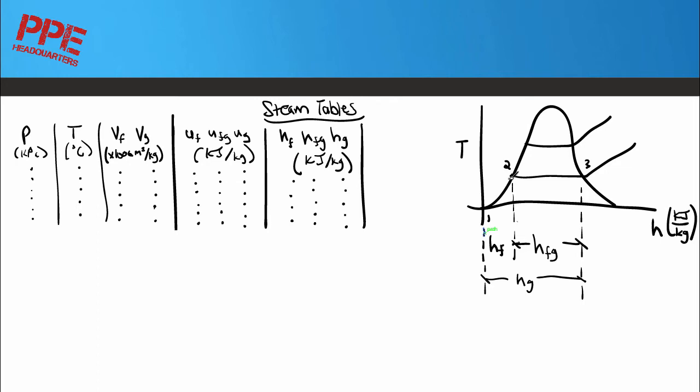That means it's sensible because as we pour more heat to it, we see or sense the temperature actually increase. During this region 2 to 3, as we pour more heat to it, we don't see the temperature increase. We shift over to the right under constant temperature and pressure, and all that energy goes into the phase change of converting that from a liquid to a steam.